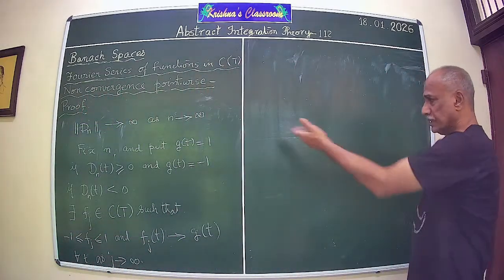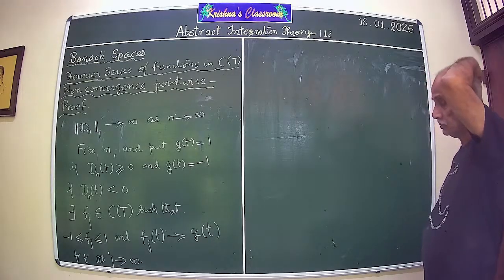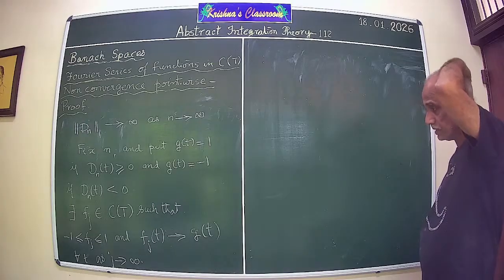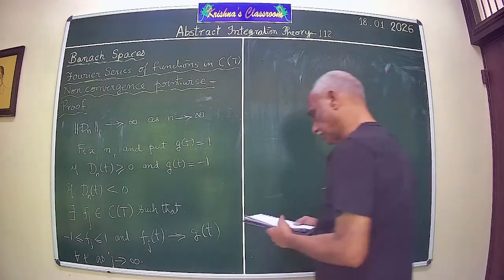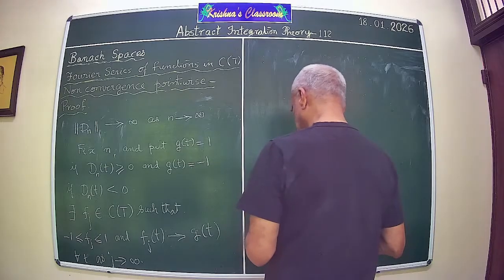So g(t) is a step function. It takes either the value +1 or -1. And f_j is a sequence of functions in C_T which converges to g(t). Such functions do exist.